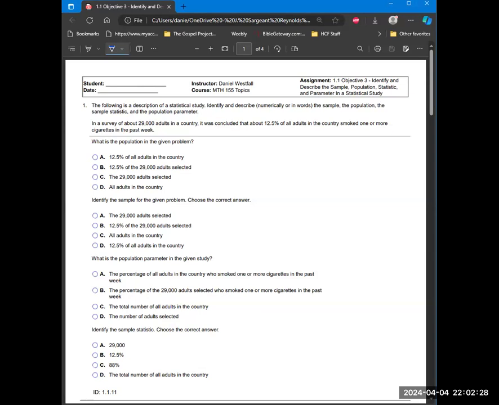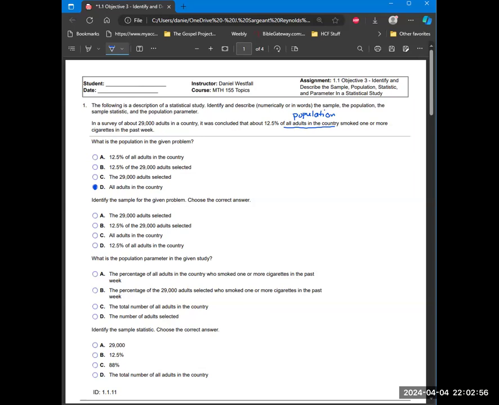And our population is all adults in the country. How do we know that? Because it says 12.5% of all adults in the country. So there's our population right there, that 12.5% inference is in regards to the population right there.